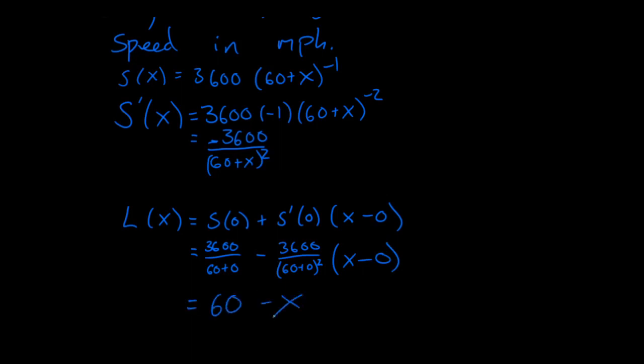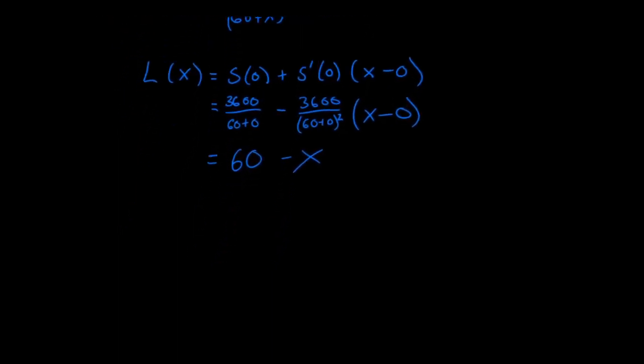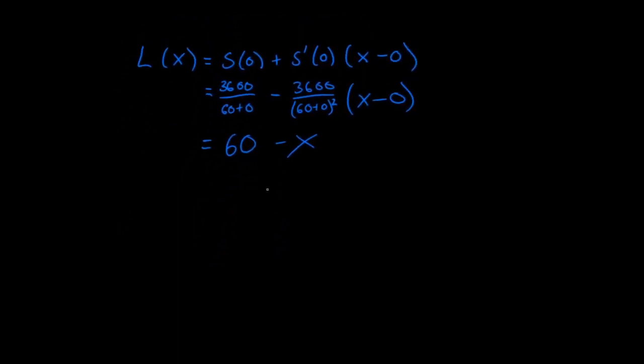At the end of the day, that's 60 minus x. This tells us that if it took us x seconds more or less than 60 to travel 1 mile, if that's how long it took us to go from 1 mile marker sign to the next one, we know our average speed over the interval pretty close just by subtracting the number of seconds more, or, if the seconds are negative, less, from 60.